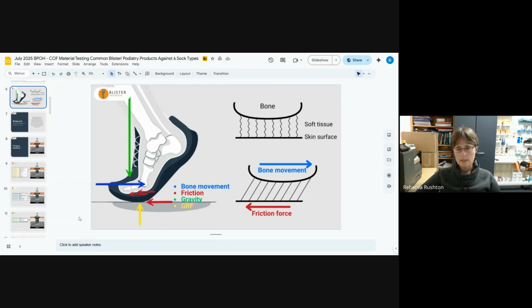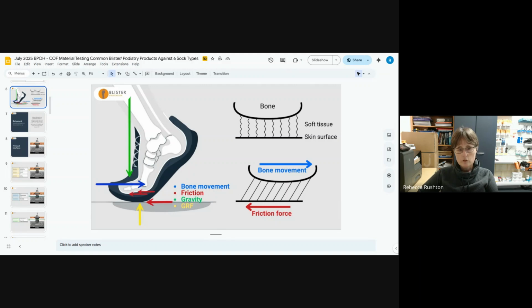So if we have a look at these red arrows here, these are all the areas where we have a material interface, and every material interface has a coefficient of friction. So the material interface between the ground and the outsole of the shoe is generally tuned to be a high coefficient of friction. We need grip for the efficiencies of gait.